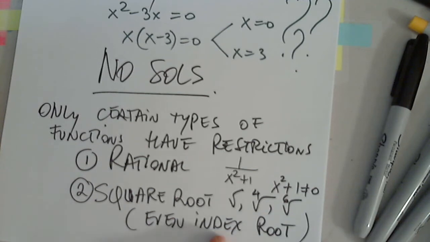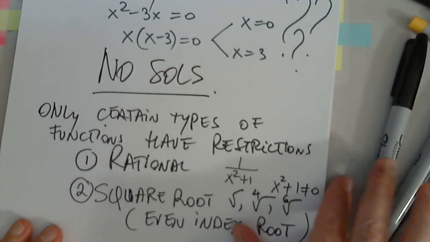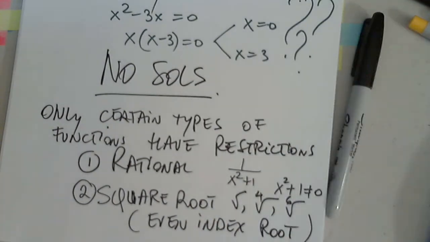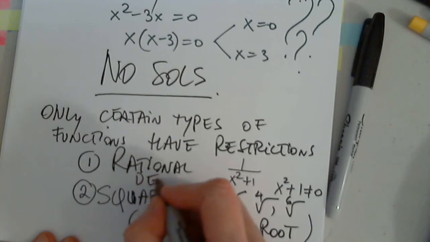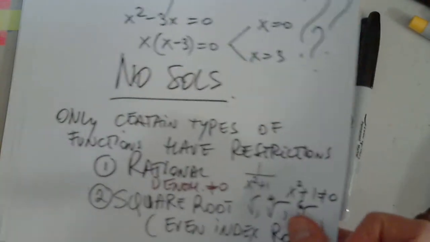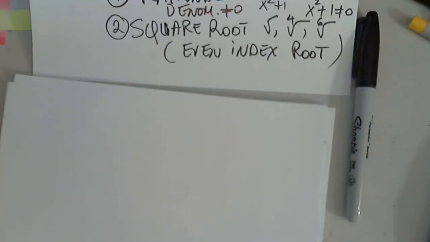If it's an even index, 2, 4, 6, they all have restrictions. What restrictions? Here, let me also add denominator not equal to 0.